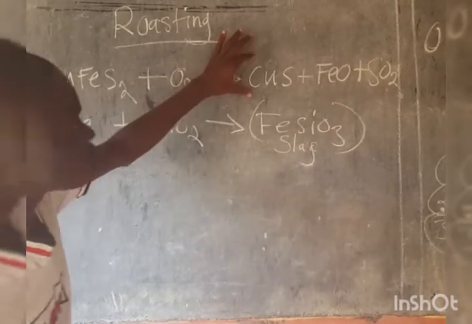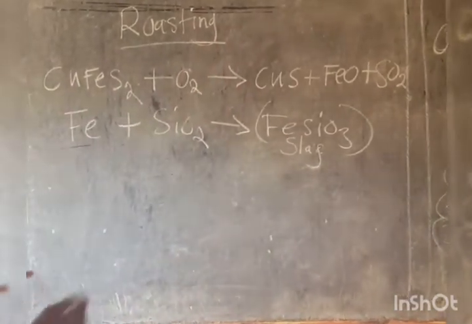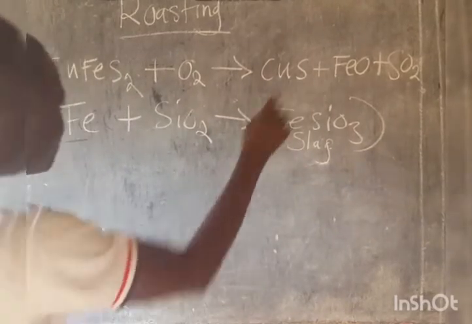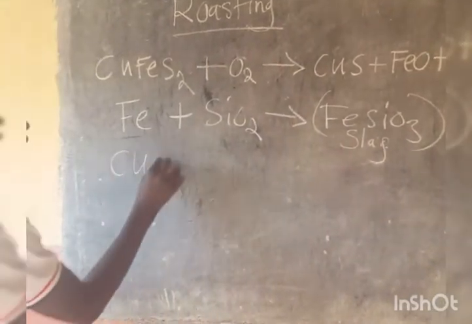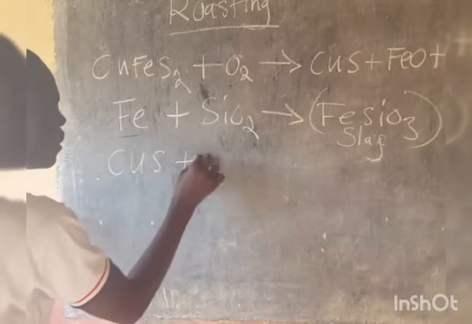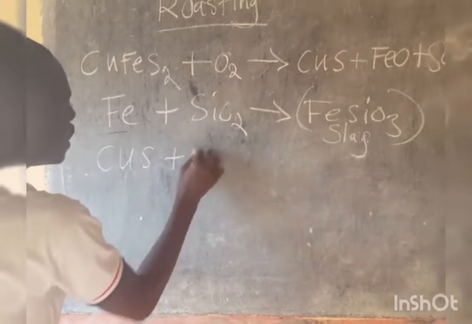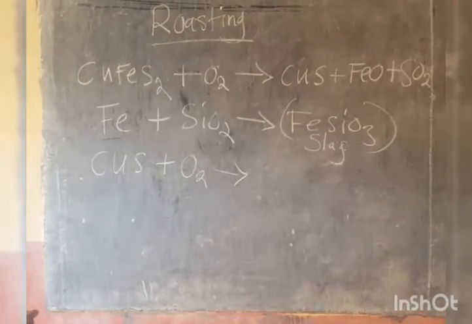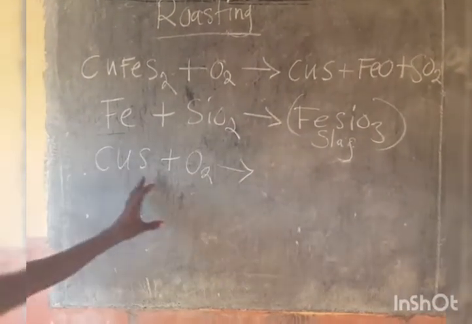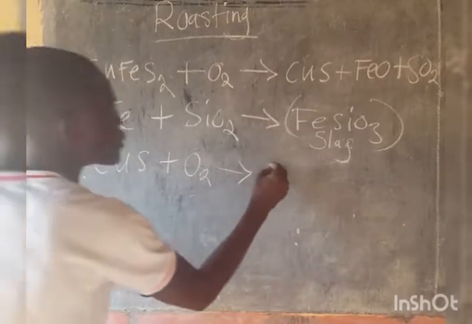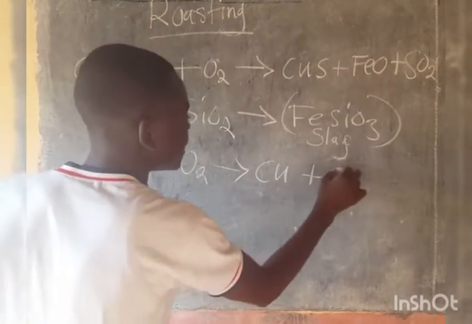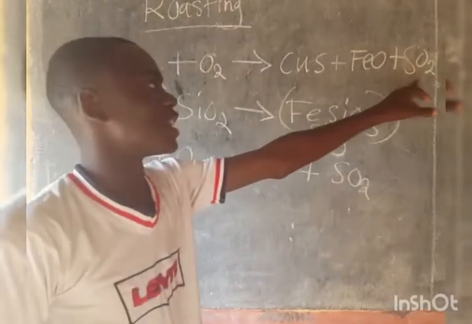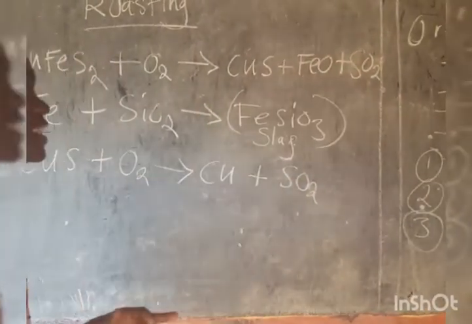So what we are left with is copper sulfide. What we are interested in is copper. So when we react copper sulfide with another amount of oxygen, and remember this process is highly exothermic in that it releases heat, it forms copper and sulfur dioxide, which then adds to the sulfur dioxide that we produced to make sulfuric acid.